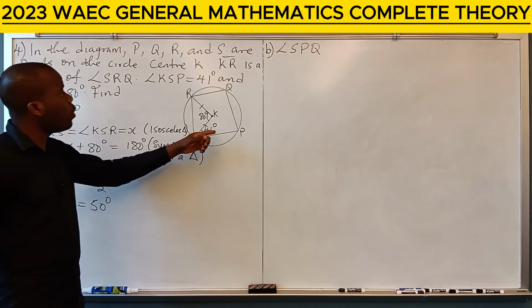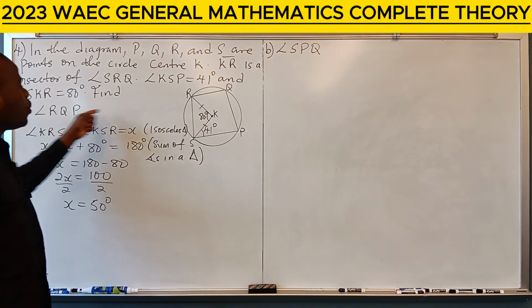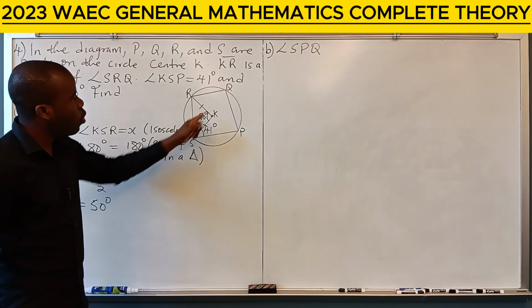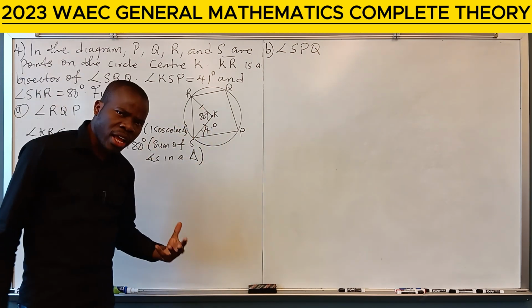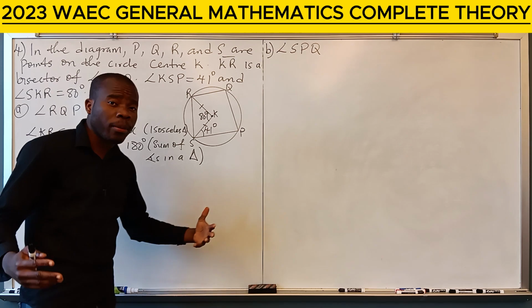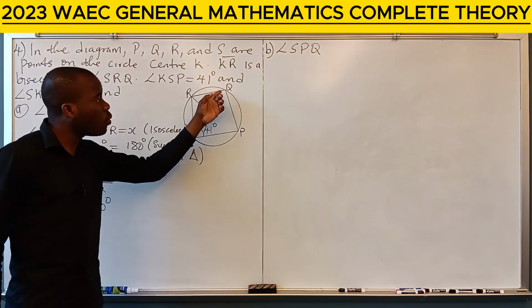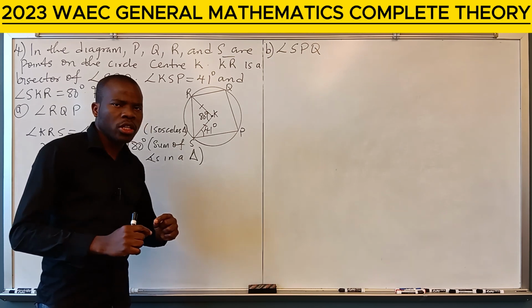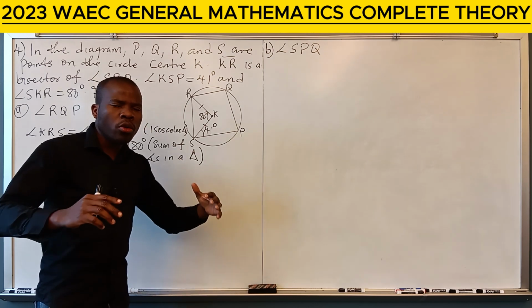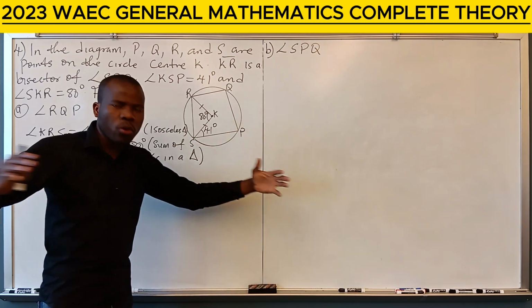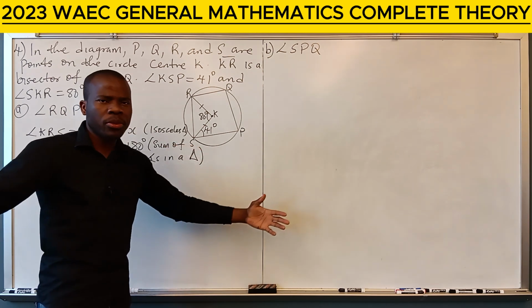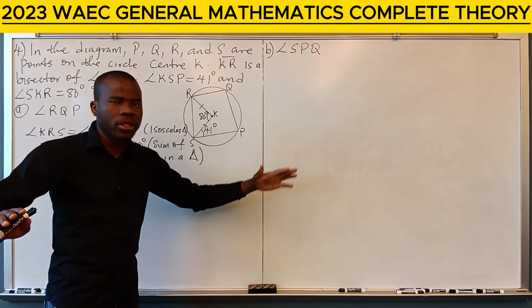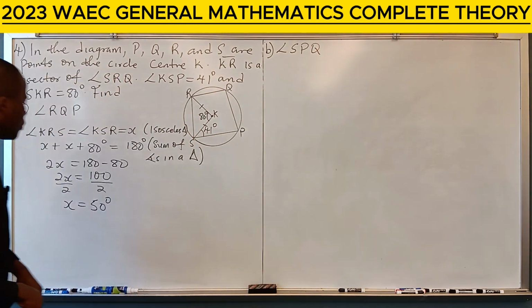Now, the angle we are looking for is angle RQP. If we know this whole angle, we can get this by supplementary angle, because from circle theorem, we know that opposite angles of a cyclic quadrilateral are supplementary. I have done a series on circle theorem, on all the theorems. Check on my playlist and you will see a complete series on it.